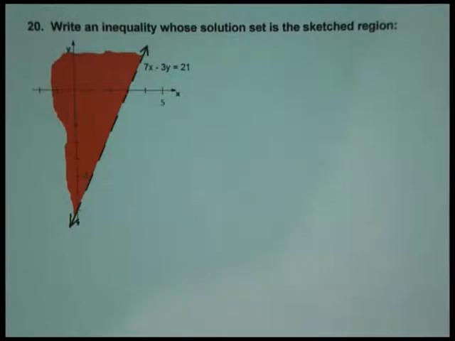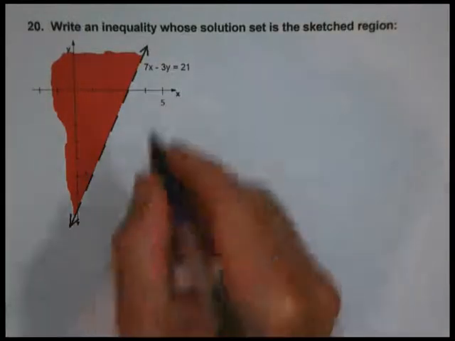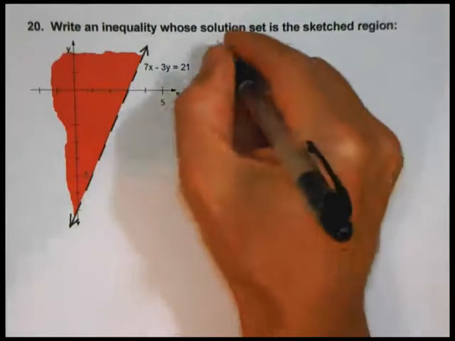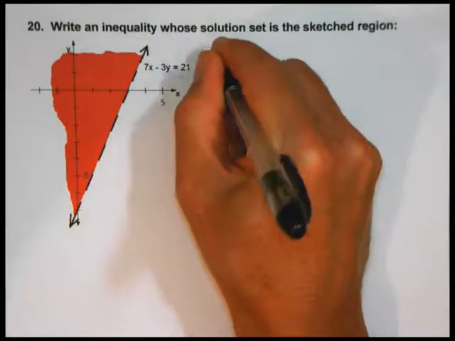Exercise number 20. Write an inequality whose solution set is the sketched region. Alright, this sketched region, it's a half plane. And we are provided with this equation for the boundary line. Alright, so let's notice that.